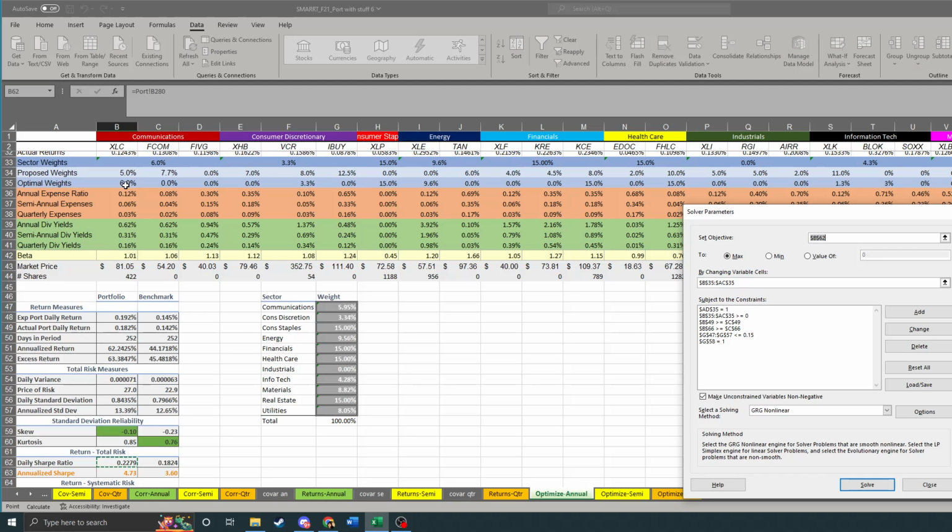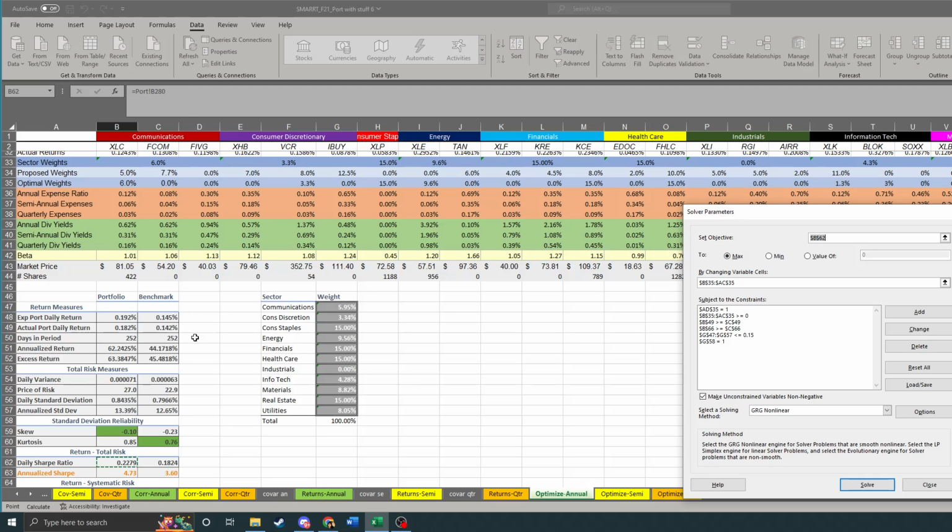After that, B49 has to be greater than or equal to C49. So let's see, where is that? So the actual returns have to be higher than the benchmark is what that's saying. Basically, if our returns aren't higher than the benchmark, what's the point in us even investing, right?